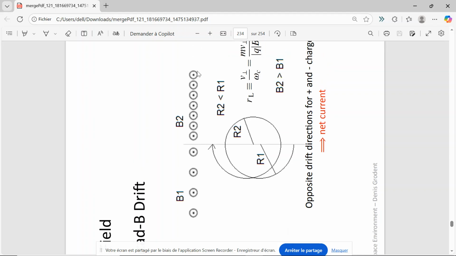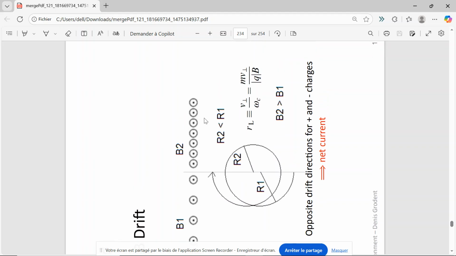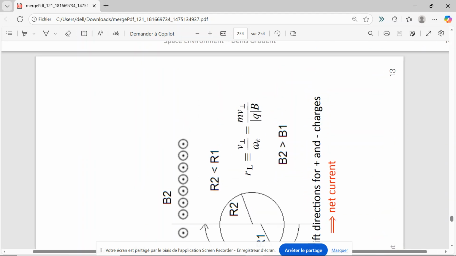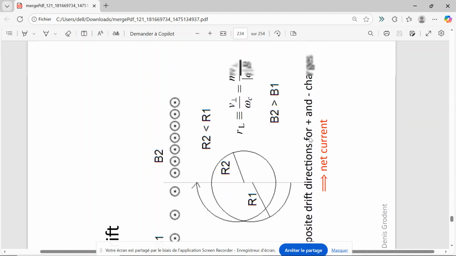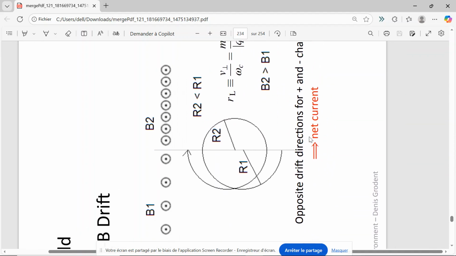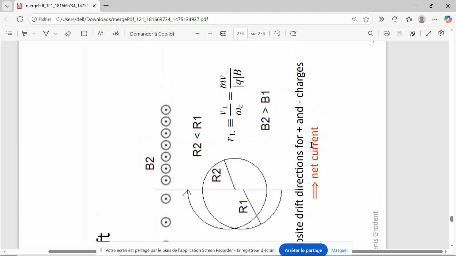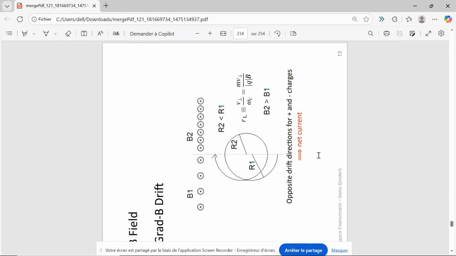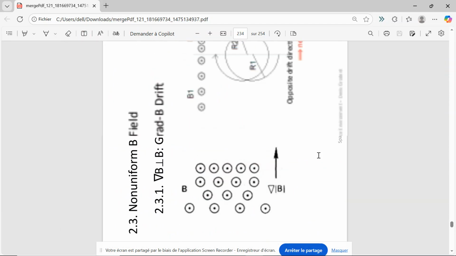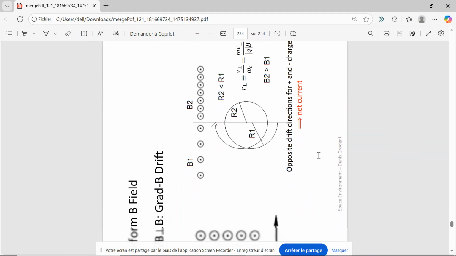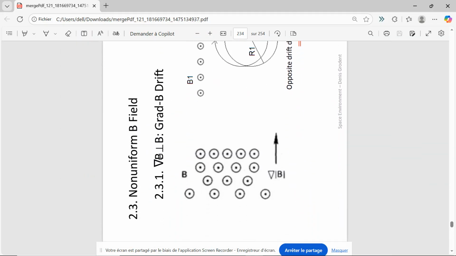The magnetic field is increasing in the perpendicular direction, and the Larmor radius is changing, which will induce an opposite drift direction for plus and minus charge, which leads to the net current. This is exactly the origin of the ring current: the gradient of the magnetic field in the perpendicular direction.